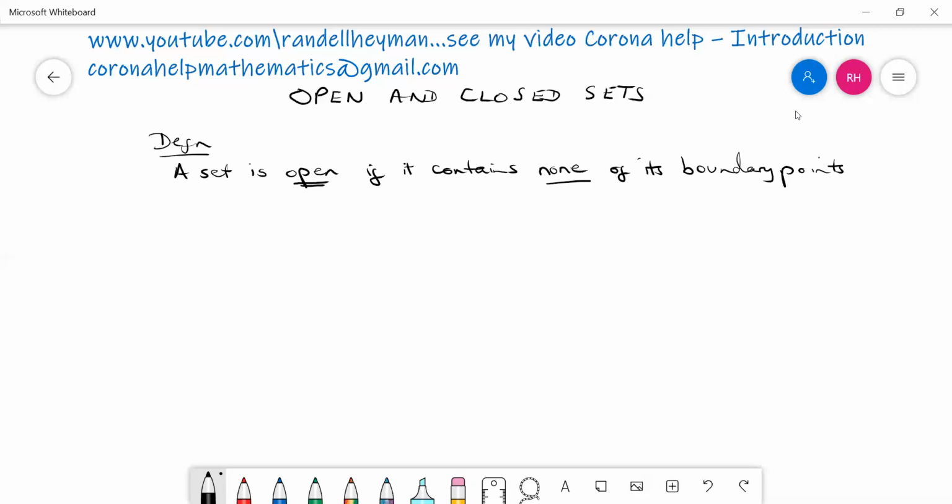Open contains none, and a set is closed if it contains all of its boundary points.